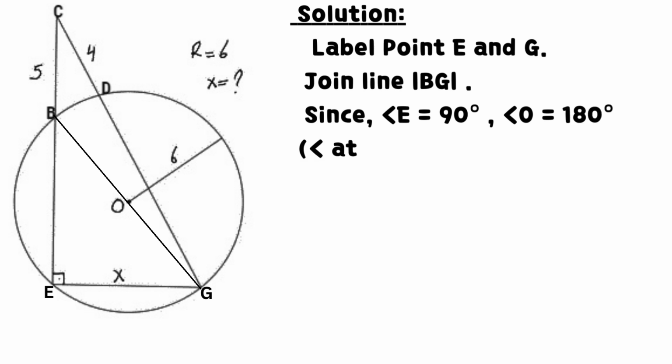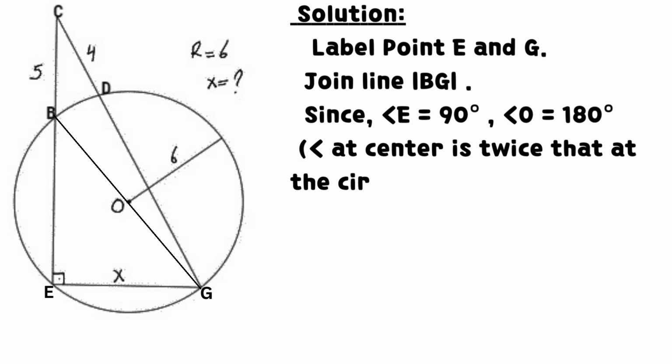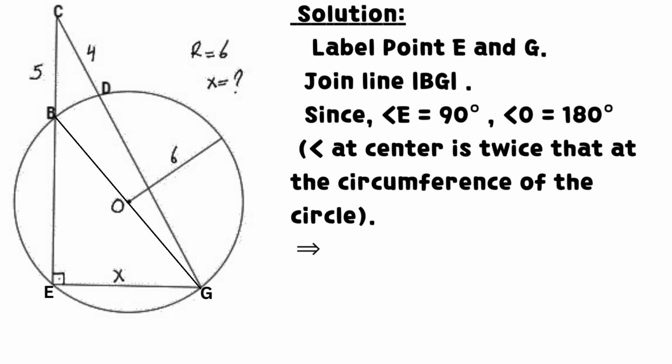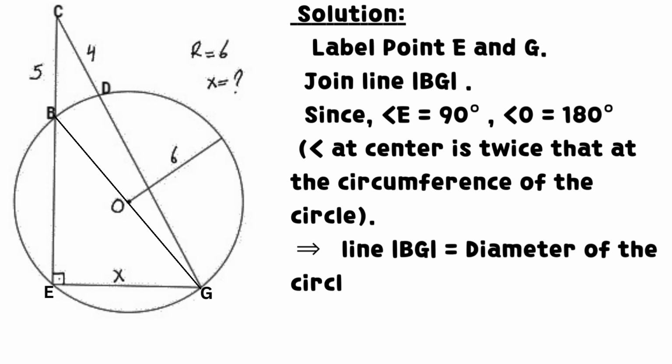Join line BG. Since angle E equals 90 degrees and angle O equals 180 degrees, it is because the angle at center is twice that at the circumference of the circle.